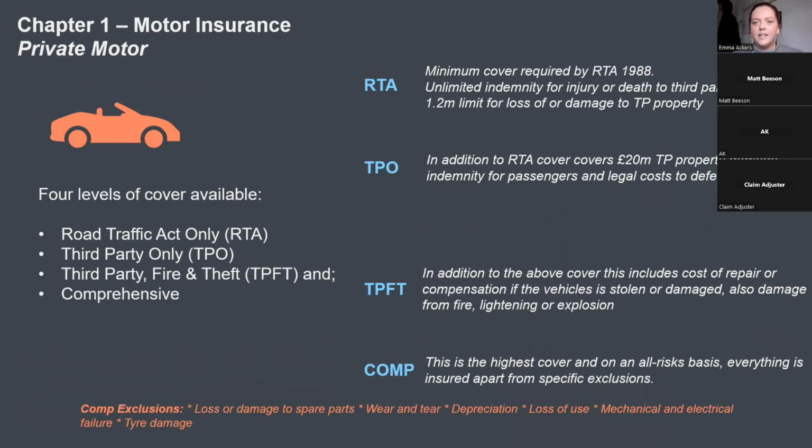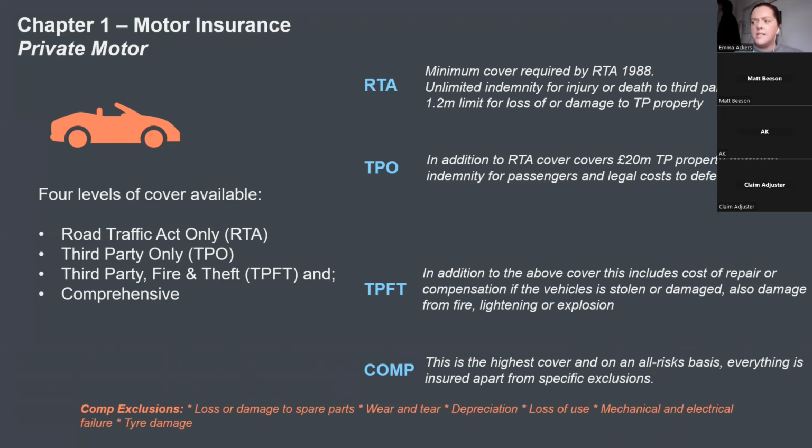Well, we're going to get started obviously with chapter 1 and with private motor insurance. For this section, there's 4 levels of cover available for private motor. You've got Road Traffic Act only, third party only, third party fire and theft, and comprehensive cover. RTA cover is the minimum level of cover that's required.